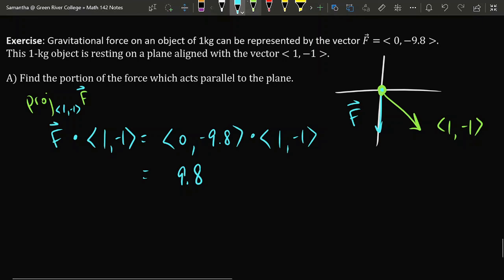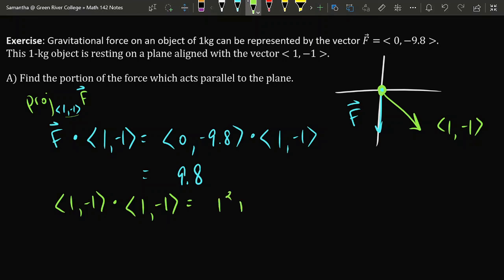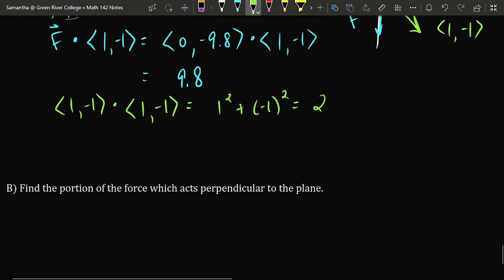I'm also going to take the vector that I'm projecting onto and dot it with itself. So that's 1 times 1 plus minus 1 times minus 1, result 2. Now I'm going to take the number 9.8 divided by 2, and use it to scale the vector that I'm projecting onto.